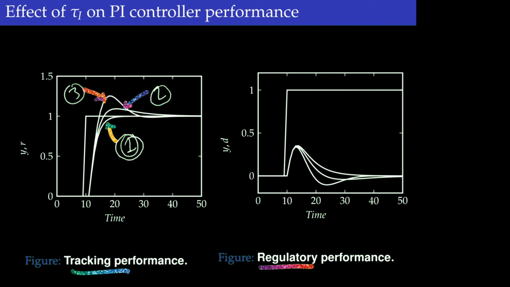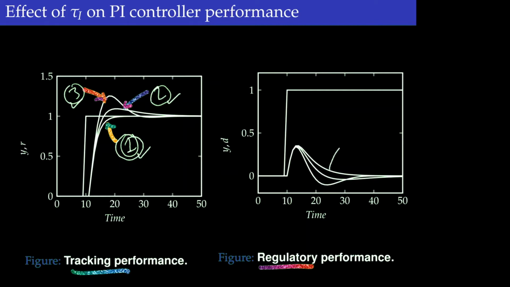So number one is the largest value of tau I, number two is in between, and number three is the smallest value of tau I. Do remember that the smaller the value of tau I, the more aggressive the controller and the more the integral action. And with more integral action, the response may be oscillating. The same holds for the regulatory performance.